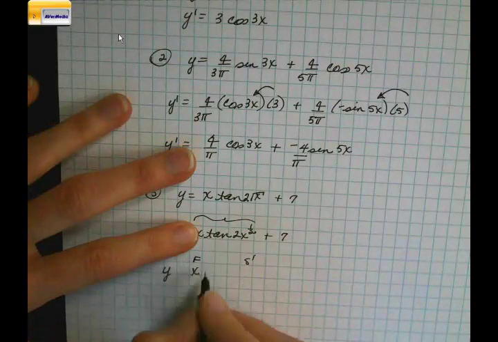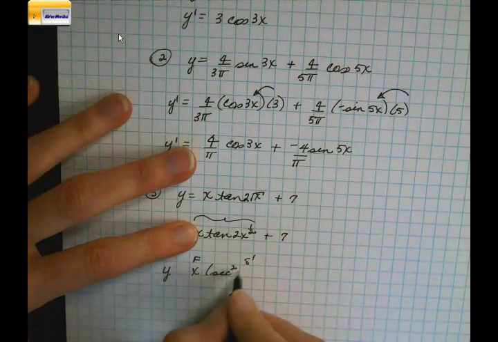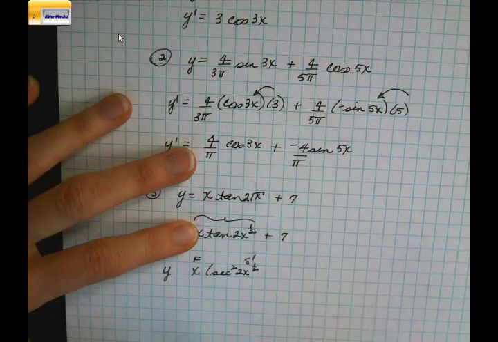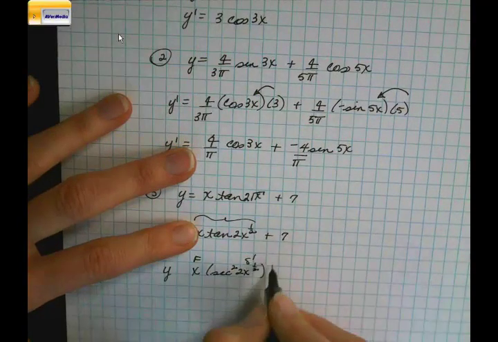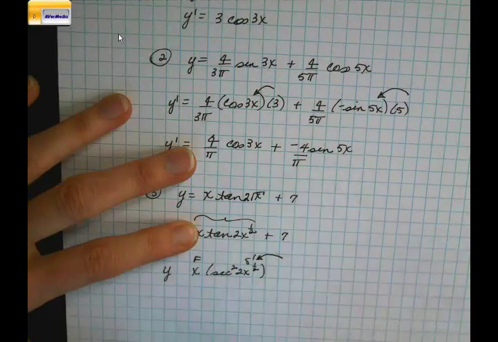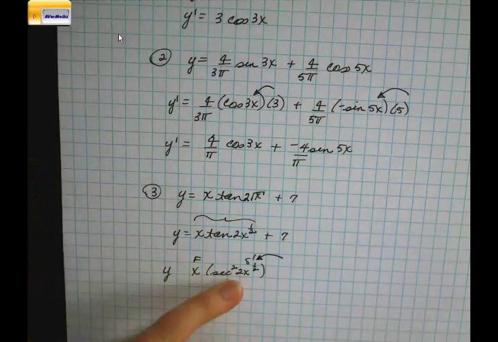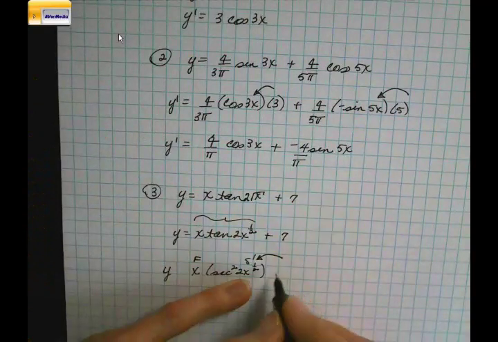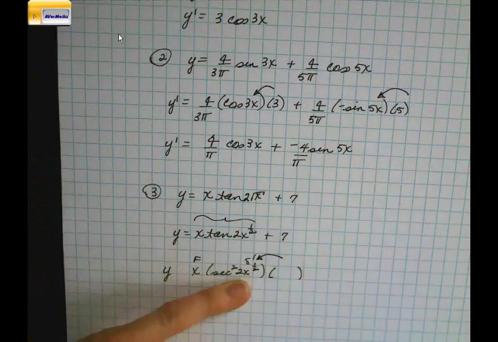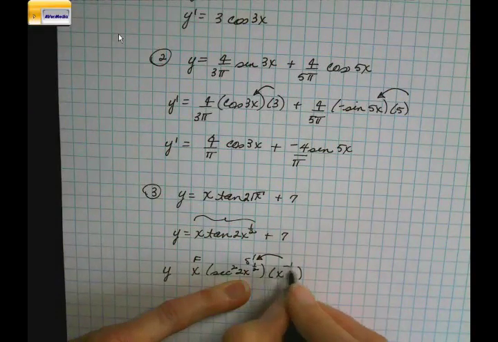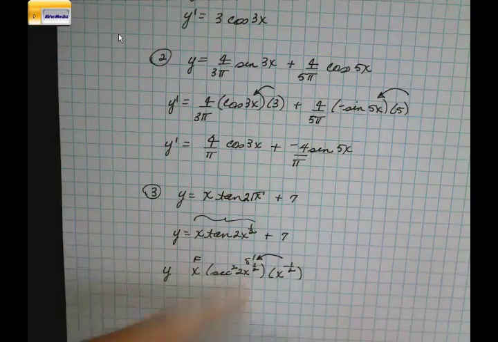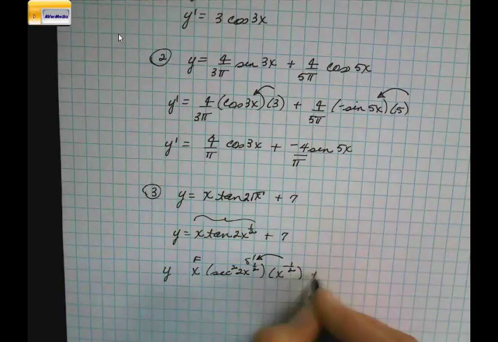So the derivative of the tan 2x to the 1/2 is secant squared 2x to the 1/2. But then I have to take the derivative of the argument of that secant function. What's the derivative of 2x to the 1/2? 1/2 times 2 is 1, x to the negative 1/2.